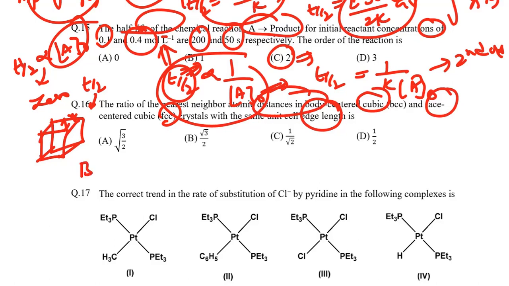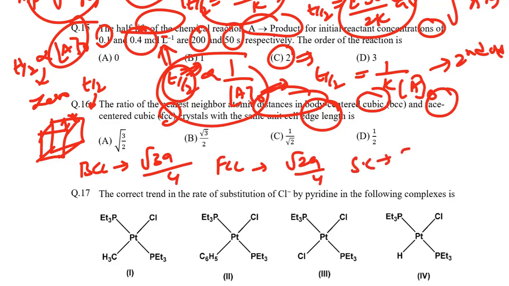For BCC, the radius equals root 3 a by 4. For FCC, it is root 2 a by 4. For simple cubic, it is a by 2. And just remember, for diamond, it is root 3 a by 8.